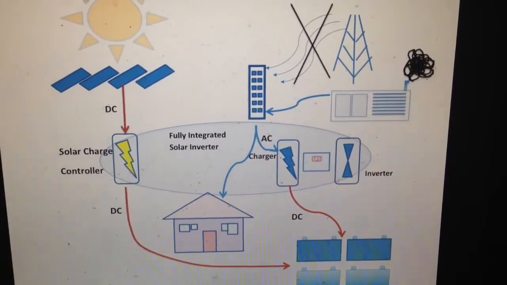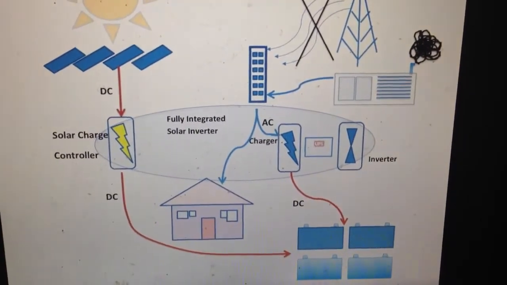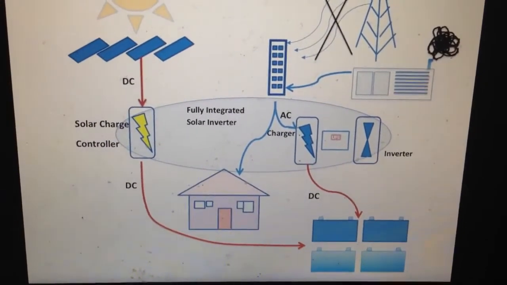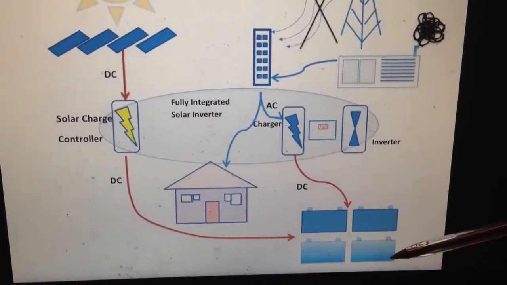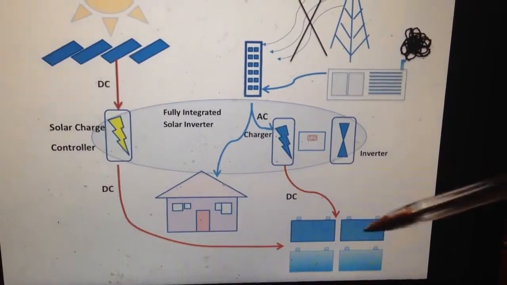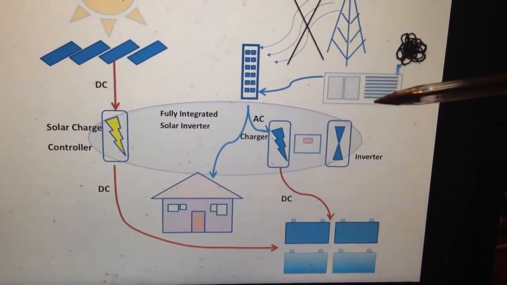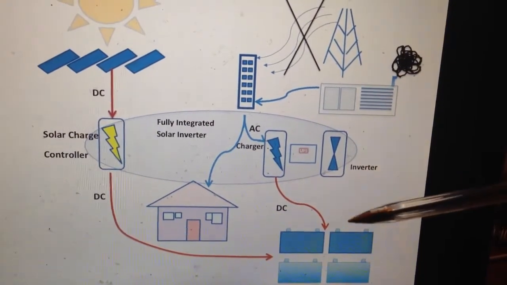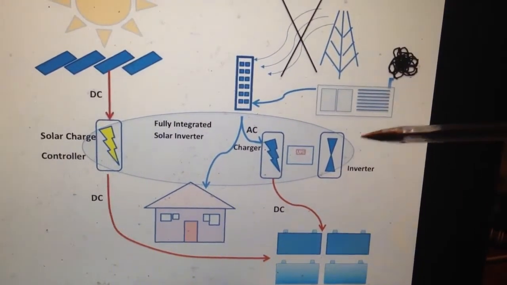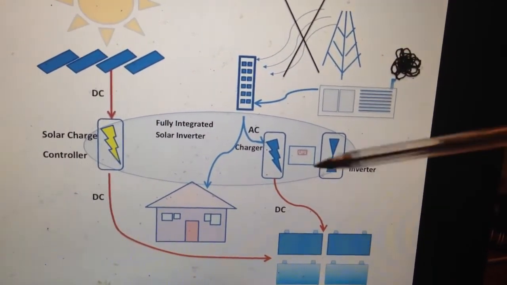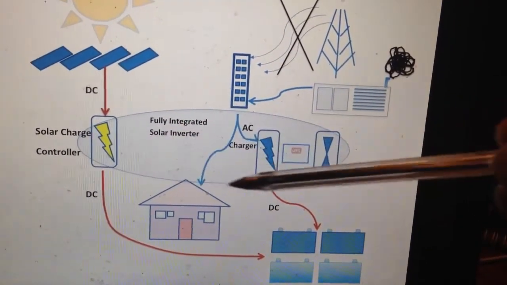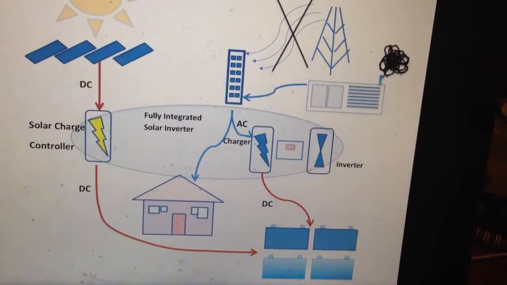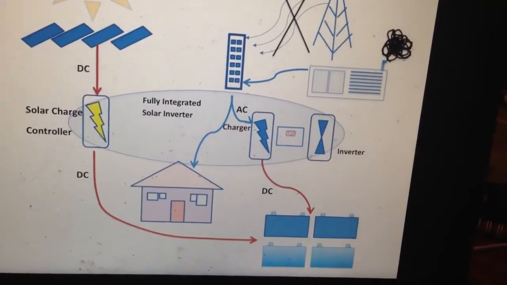You might want to have the option of the generator coming on at a set time, maybe when your batteries are almost flat because there's no sun. It just triggers the generator to come on remotely and charges the battery. Once the battery gets to a certain voltage, the generator automatically switches off. So you can have these solar inverter systems, and that is the future.